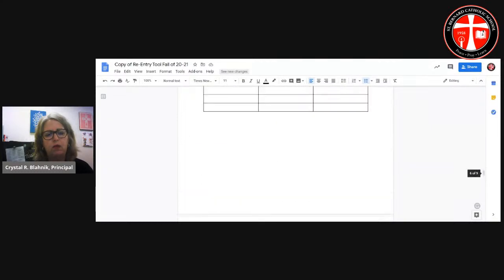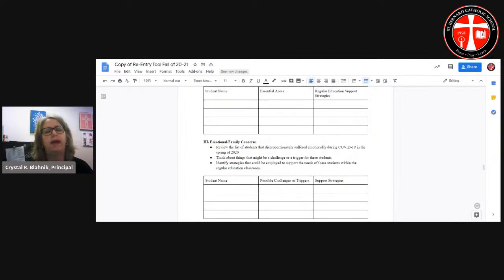The other thing is that we really want to make sure that there is some kind of communication between that virtual teacher and you. That way, if and when your student comes back into the building, you can transition them. You guys are not going to be in sync 100%, and that's not even the goal. The goal is to have good communication with that virtual teacher, so that you're at least aware of where each other is, and so that when the student does come back, if they do come back, that transition becomes a little bit easier, and vice versa too.